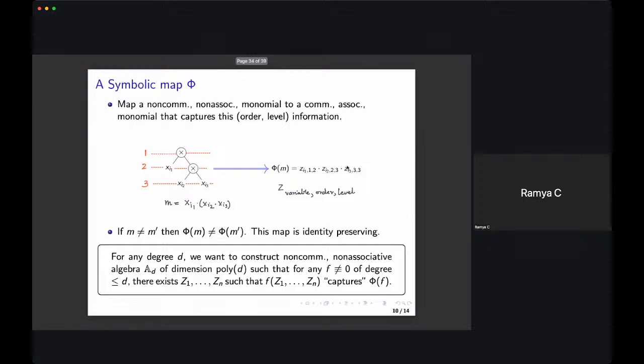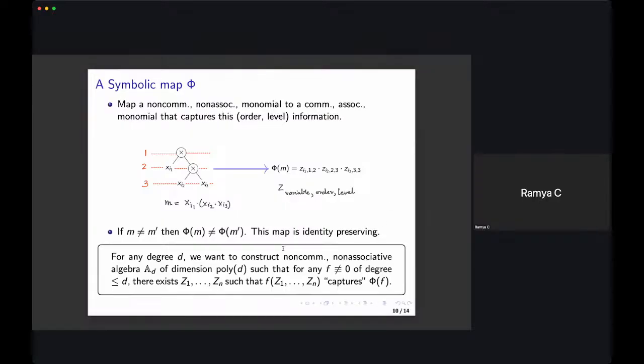Okay. So we wanted to design an algebra, and what we have done now is design a map that takes non-commutative non-associative monomials to the commutative associative setting. And this map is also identity preserving. So how are we going to use this to construct the algebra?